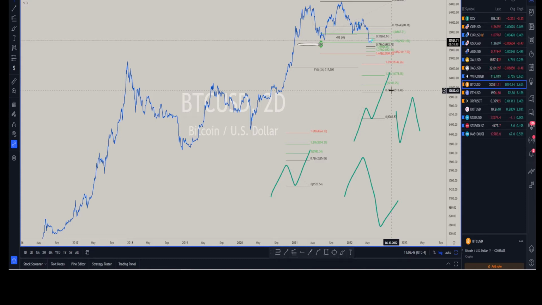Basically, the way I analyze the market is on higher time frames. The lowest time frame I would go to is the 4 hour or the 8 hour. That's for the analysis. For trading, this has nothing to do with trading. I do not trade. I do not use this method.